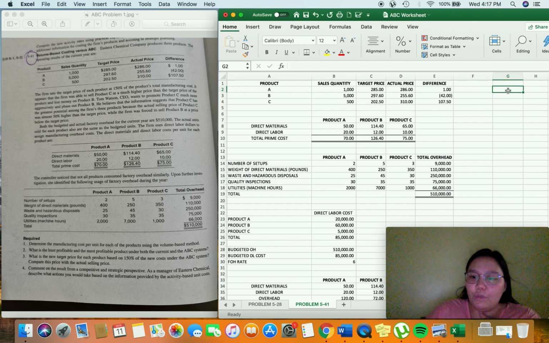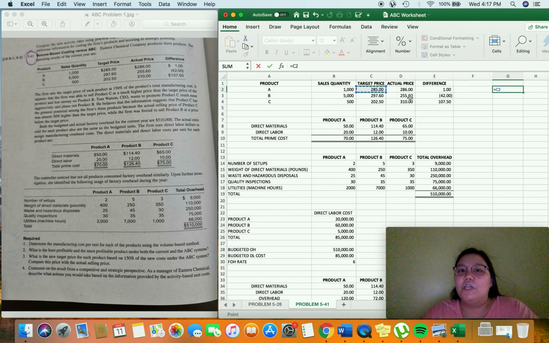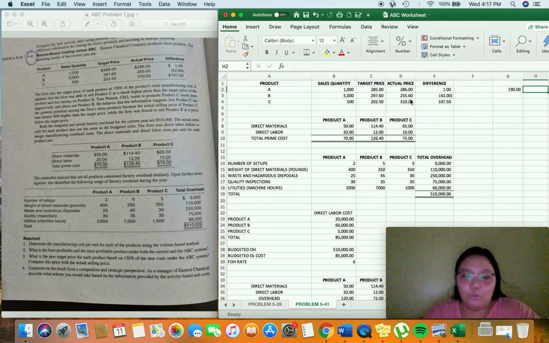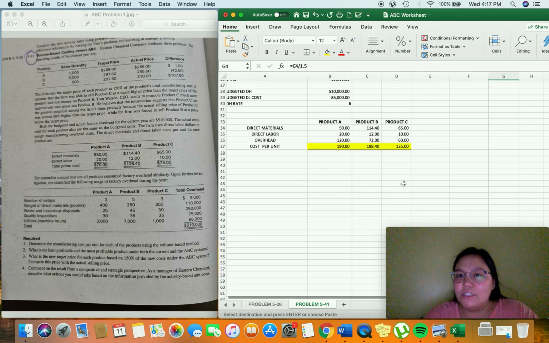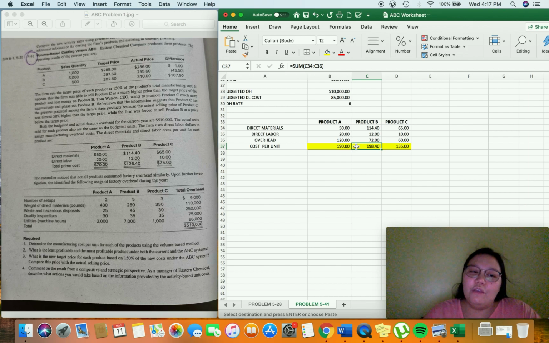If we divide the 285 target price of product A by 1.5, we get 190, then 198.4, and 135, which is the same as the cost per unit we have computed here. So that is another way of solving for the requirement of number 1, under the volume-based method.